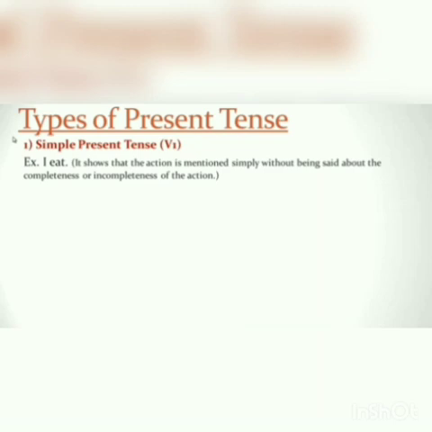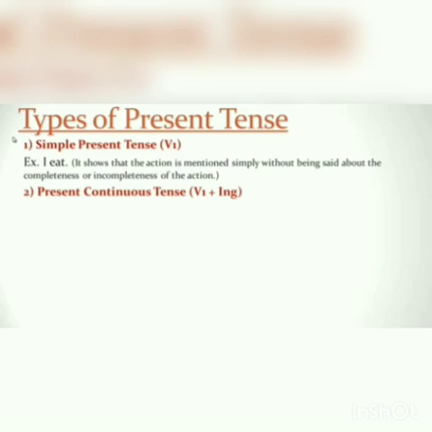We use simple present tense on many occasions, when we tell about the things that you do daily on a habitual basis and all. So it is very thorough with you, isn't it? Now moving on to the second one, it is present continuous tense. That forms V1 plus ing.